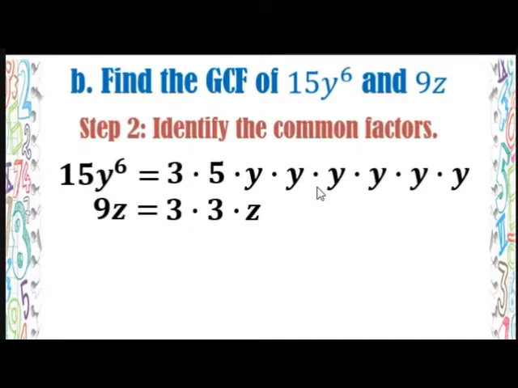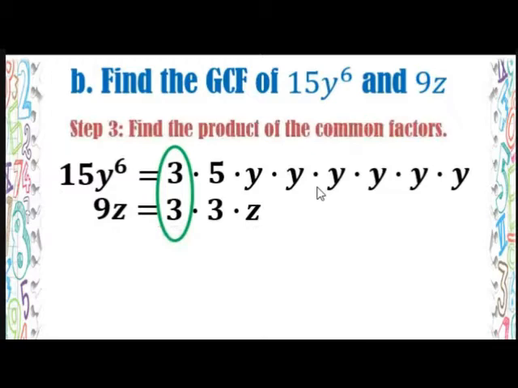Next, identify the common factors. We only have one, and that is 3. Find the product of the common factors. Since we only have one common factor, we don't have to take the product.